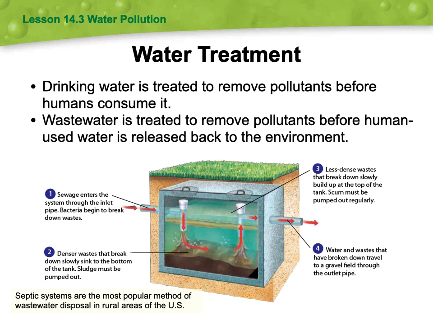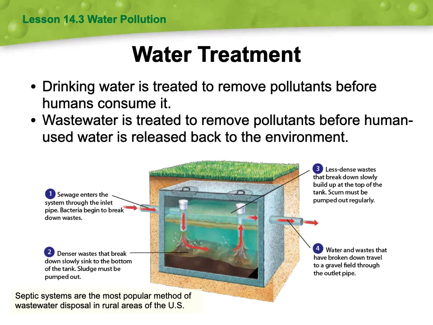So less dense waste that break down slowly build up at the top, and again that can also be pumped out or skimmed, and then water and wastes that have broken down travel to a gravel field through an outlet pipe, and that gravel will actually act as a filter and scrape off a lot of the microorganisms as the water kind of seeps and infiltrates through that rock.